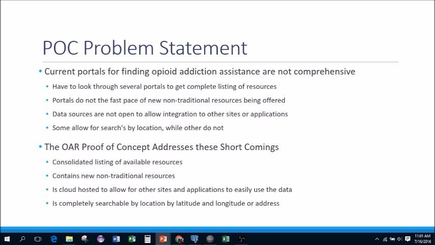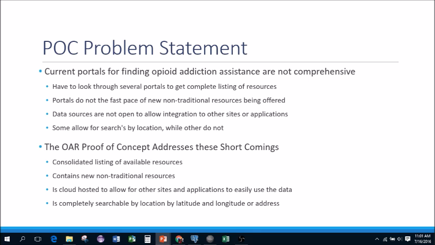The other thing is it's hosted in the cloud, so the production version of the database has been deployed onto an AWS PostGIS instance. That allows anyone to develop against it, and it's completely searchable by latitude and longitude or addresses. So you can get any of the locations within this database by entering a latitude and a longitude, or an address.